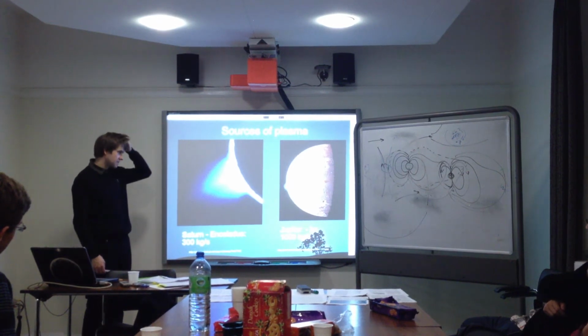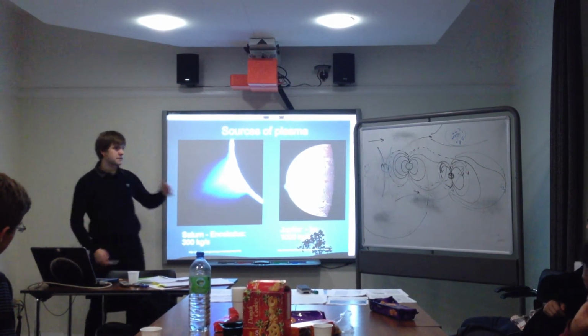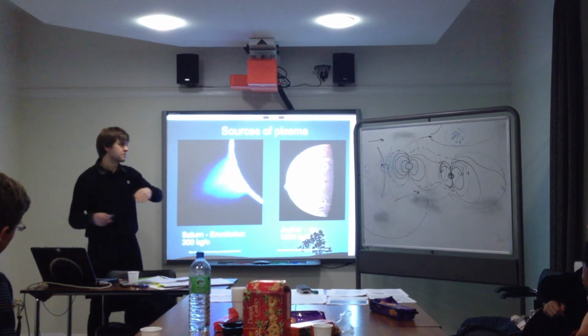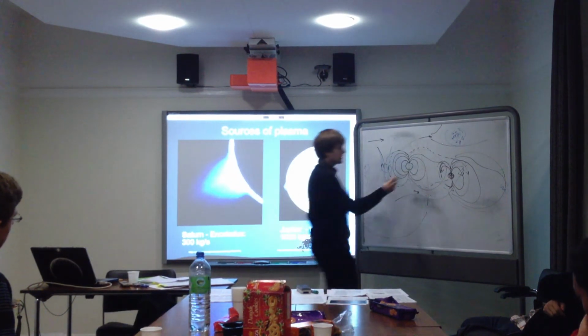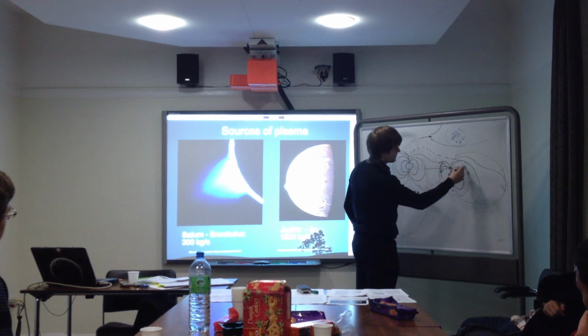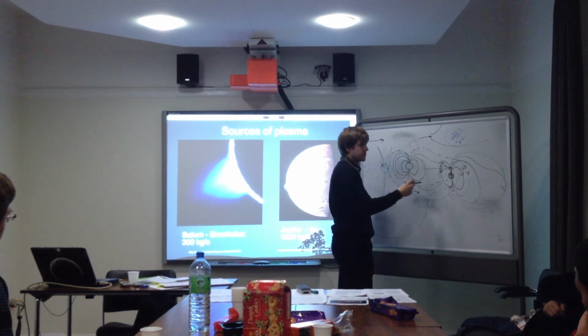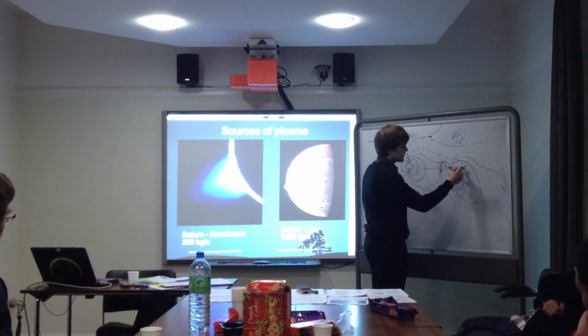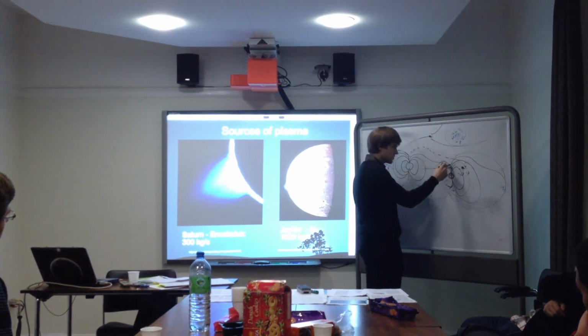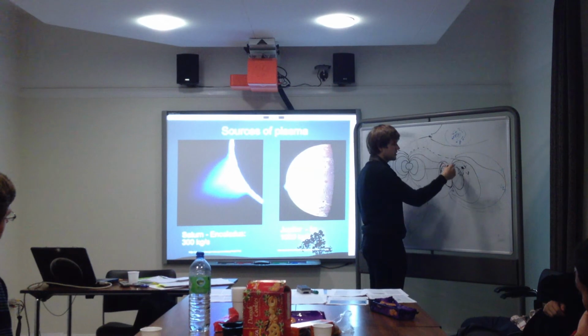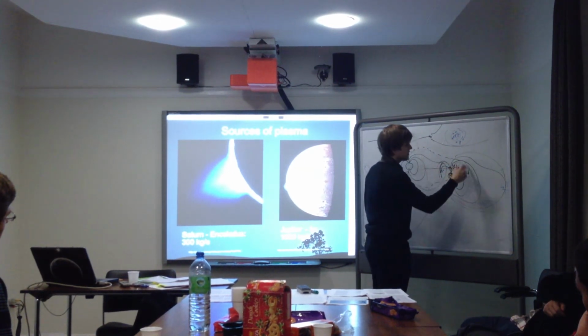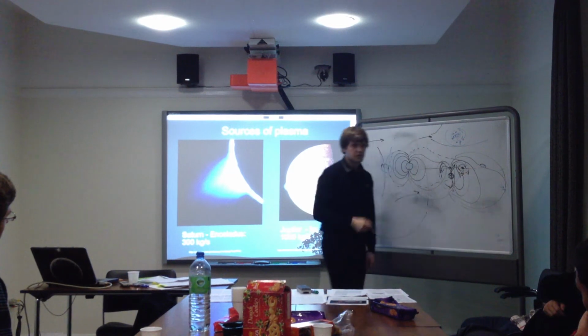It may seem like a lot, but quite a lot of plasma is lost from the system because it goes along those field lines, and according to one of the things that I will describe, at some point the field lines are so weak that they just break, reconnect, and this blob is carried away, which is called the plasmoid.